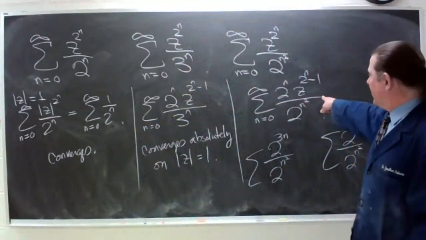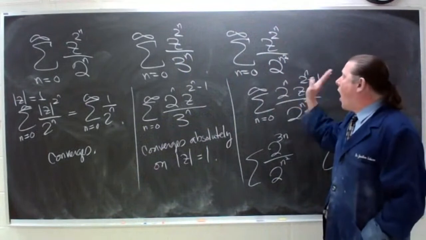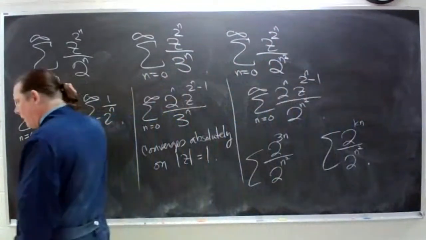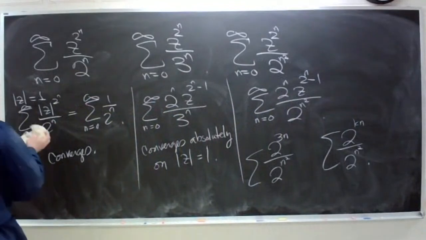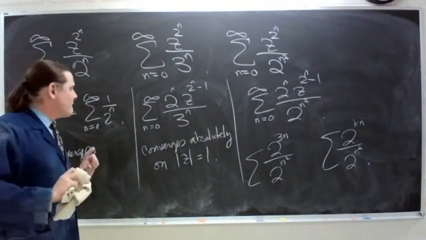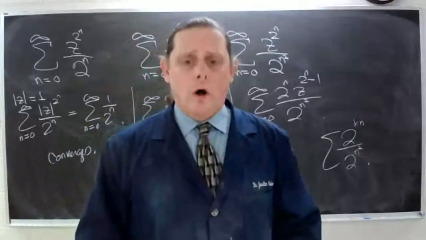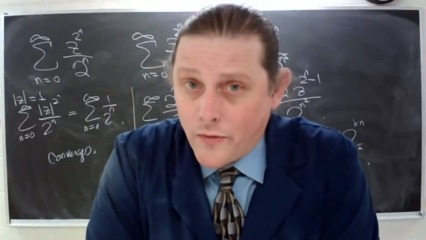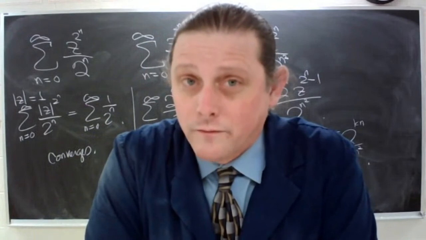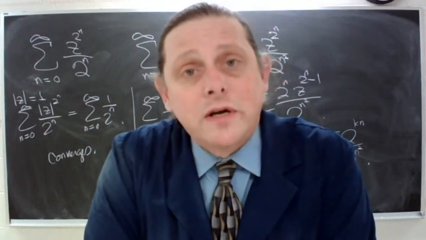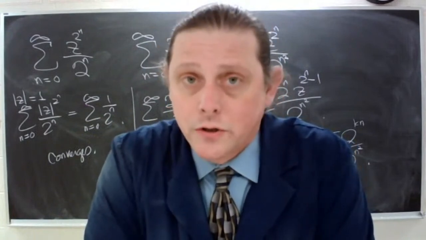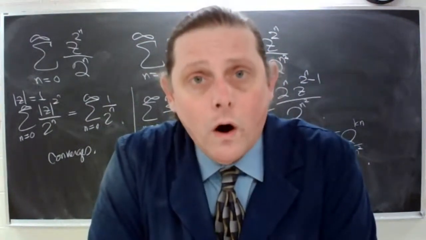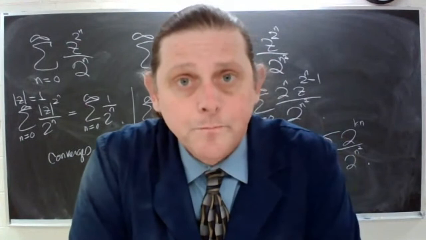This one and all of its derivatives converge absolutely on the circle of convergence. Very different behavior on the circle of convergence. Despite that fact, all of them have the same circle of convergence. That means every single one of these functions must have at least one singular point on the circle of convergence.